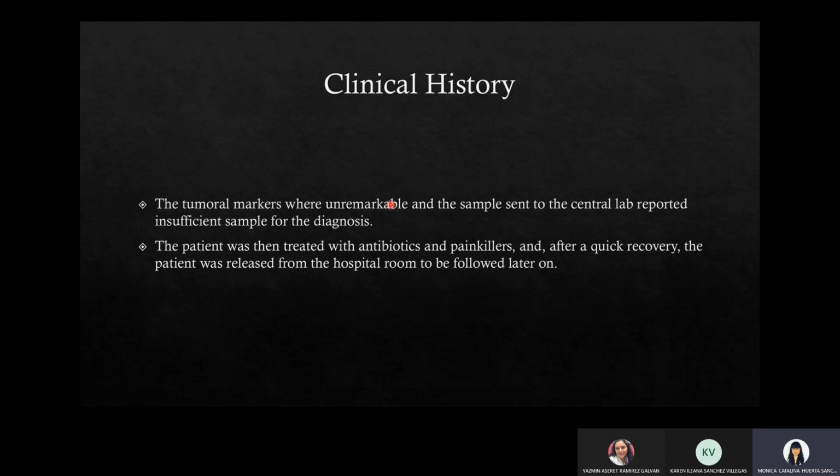The tumor markers on the blood sample that was taken from the patient were unremarkable, and the sample that was sent to the central lab reported an insufficient sample for the diagnosis. The patient was then treated with antibiotics and painkillers, and after a quick recovery, the patient was released from the hospital room to be followed up later on.